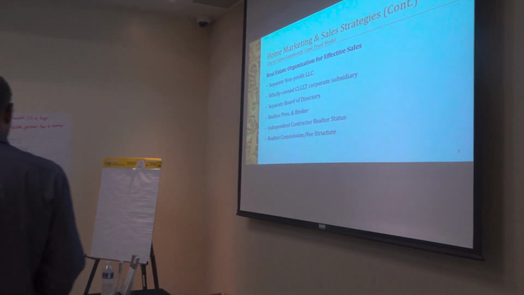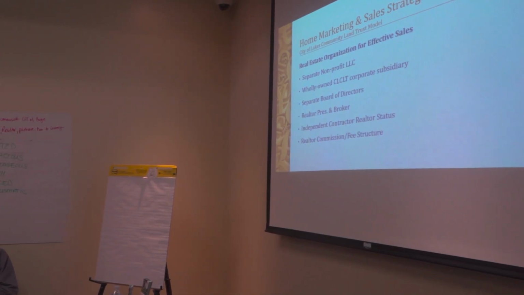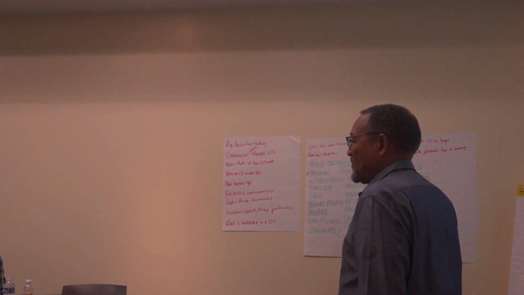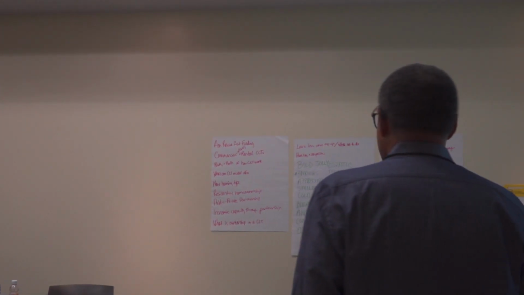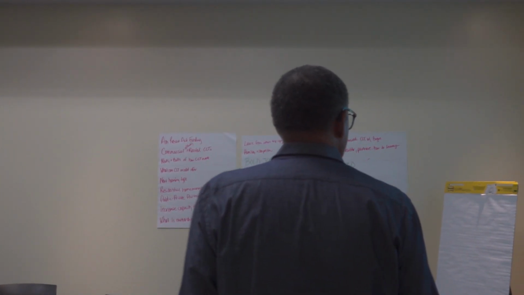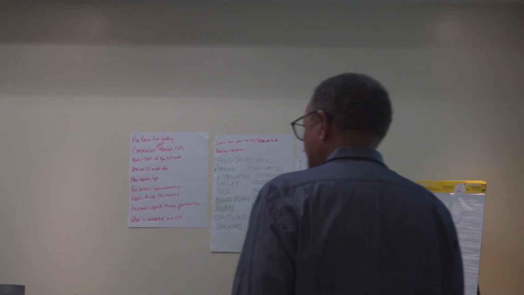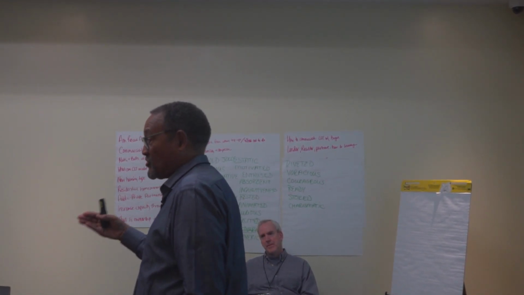Realtor commission fee split. So you probably want to know, how am I paid? I'm an independent contractor. City of Lakes Community Land Trust has properties that they develop. I, as the broker and salesperson for City of Lakes Community Realty, would list those properties.